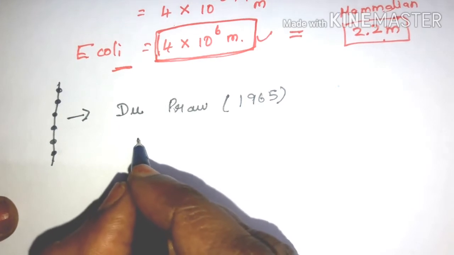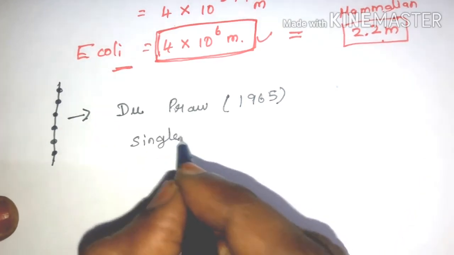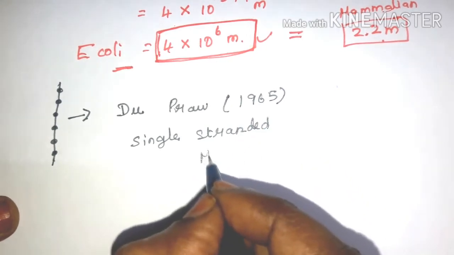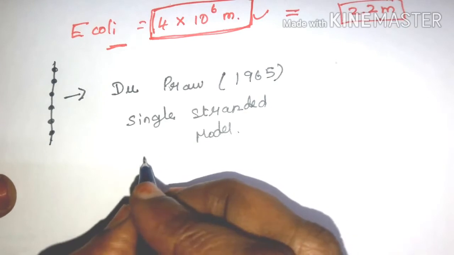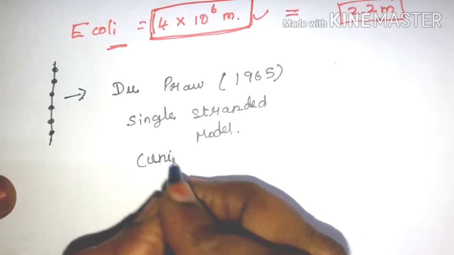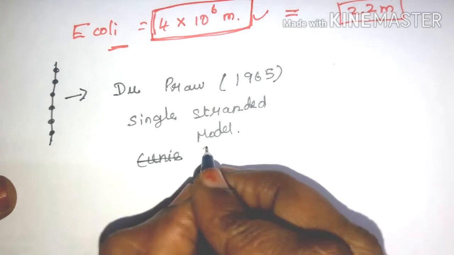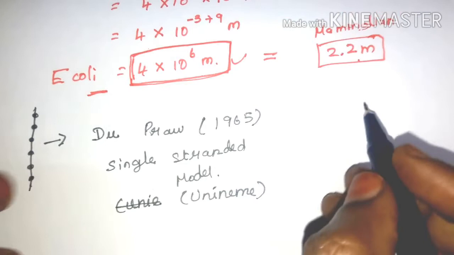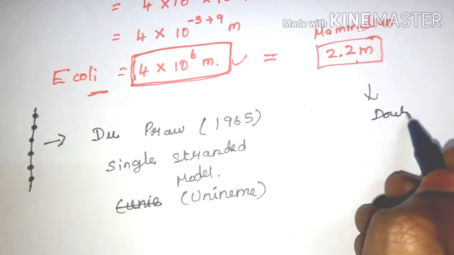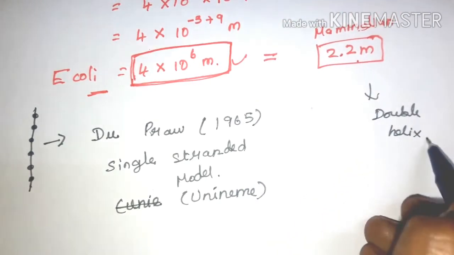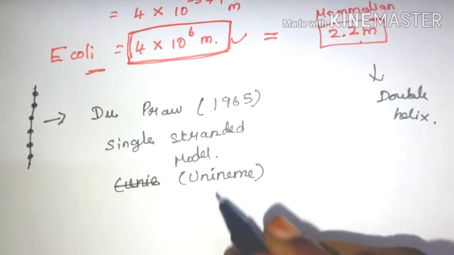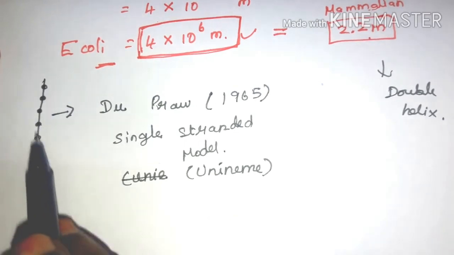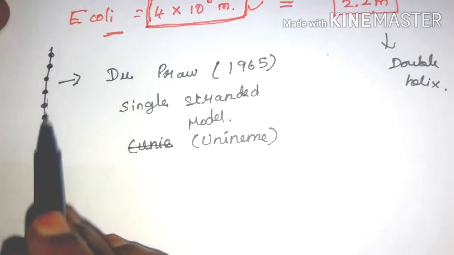He named this the single stranded model, so he named it Uninime. In the case of mammals it is a double helix. Here it is said to be Uninime because it has a single strand or chromosome on which the DNAs are arranged in a linear manner.